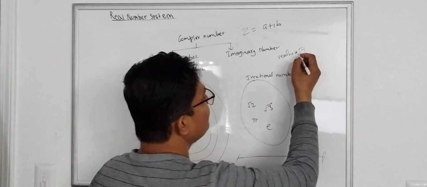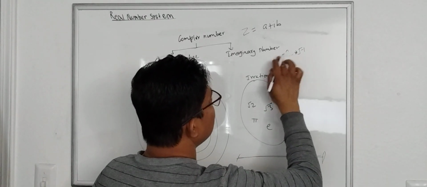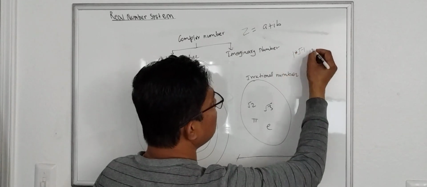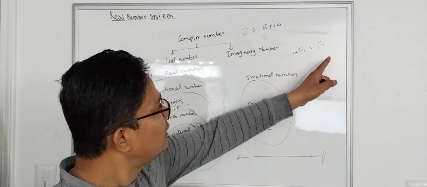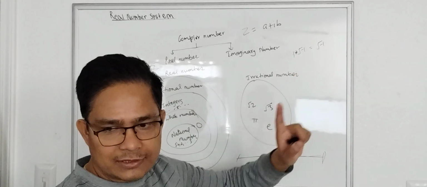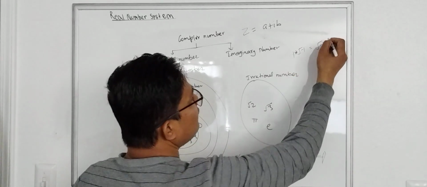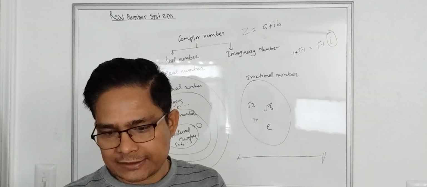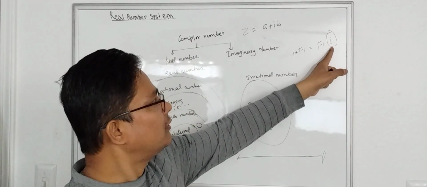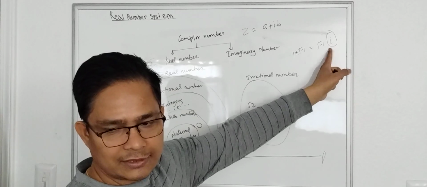So let's take an example. The real number is 1, so that will be the square root of -1. The square root of -1 is represented using i, maybe because it is the first letter in imaginary.